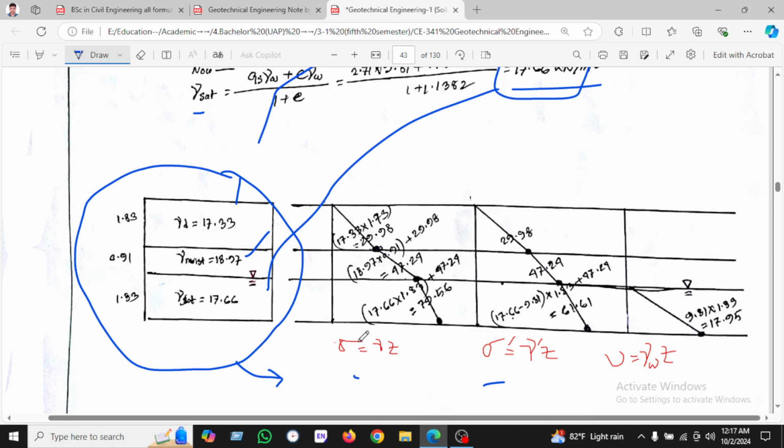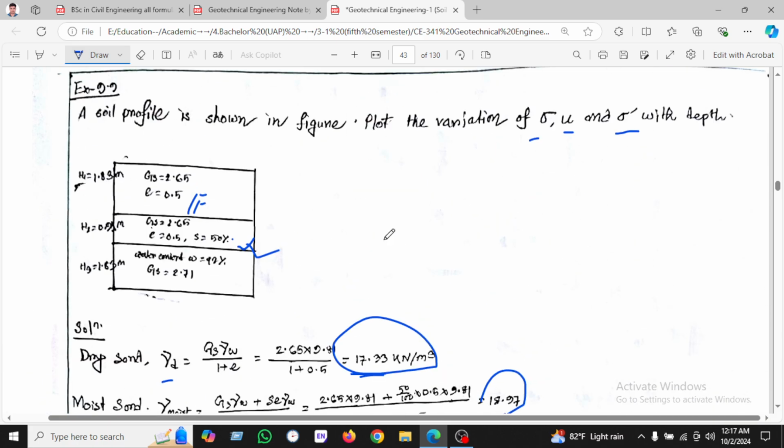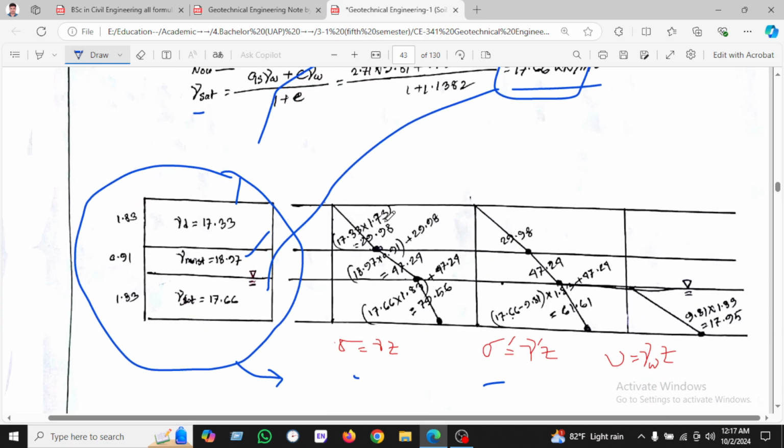So let's see, the total stress is 17.33 into 1.73, and found 29.83. It will be 1.83. Sorry, I made a mistake, and found 20.93, and the second one 18.97 into 0.91, and adding the upper stress, found 47, and in the saturated layer we have 7.6 into 1.83, plus the upper portion, and found 17.9.